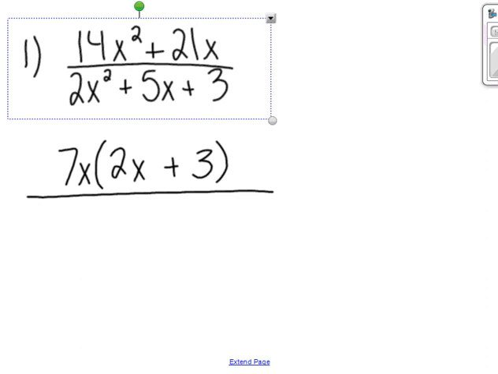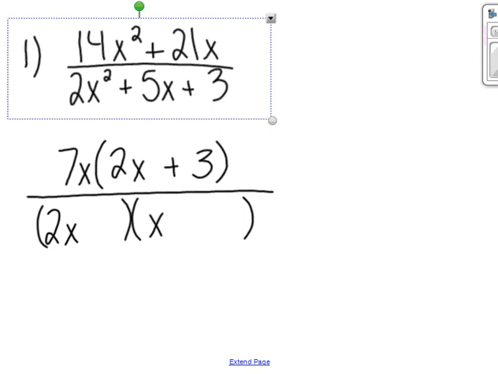On the denominator, I can factor this, which might have been a little more challenging. I need to figure out what times what gives me 2x squared, so that's 2x and x, and what times what gives me 3. So I know 1 and 3, and I don't want to work with any negatives because the 5x is positive.